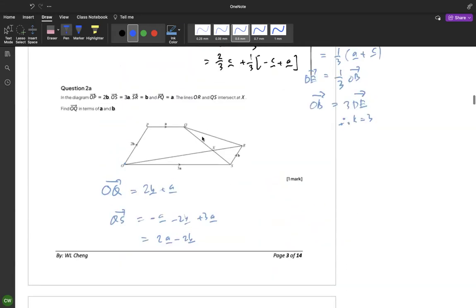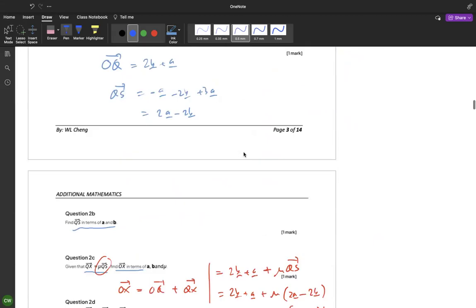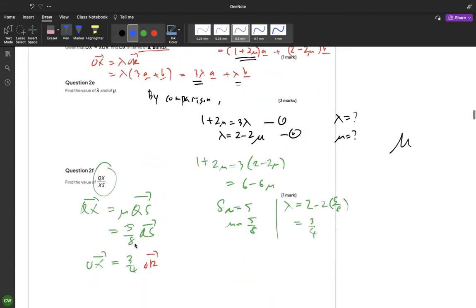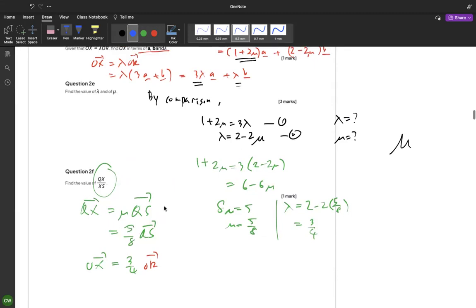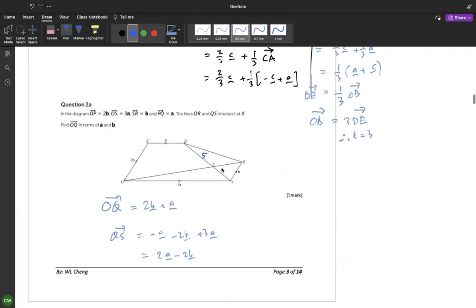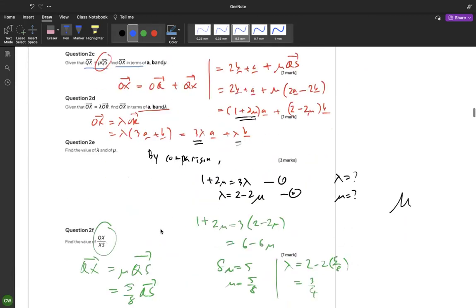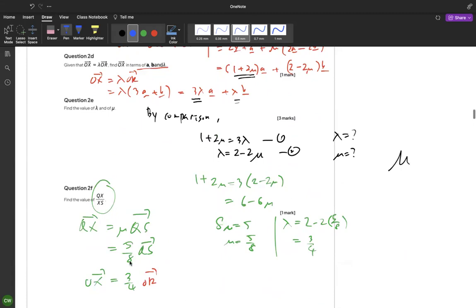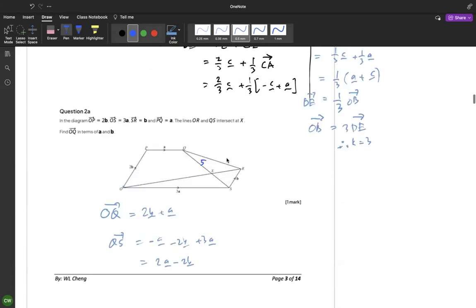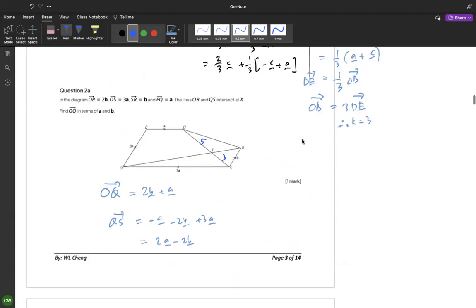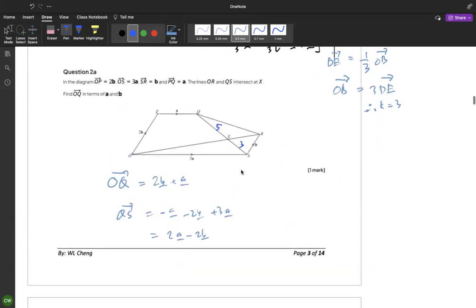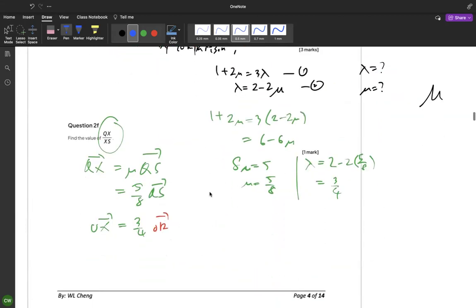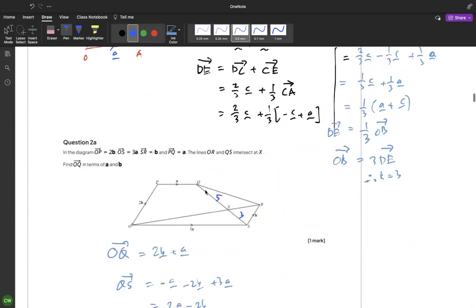So QS will take 5 parts, and SS will take 3 parts. QS is 5 parts out of 8. Okay, what else do we have? We have another one, 3 over 4. OS is 3 out of 4, so this one is 1.